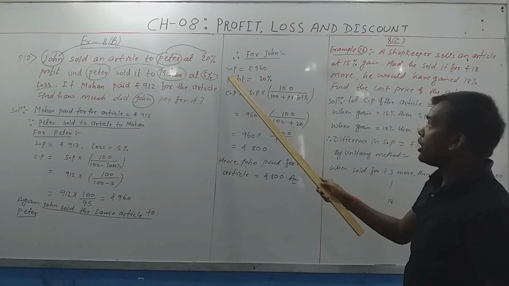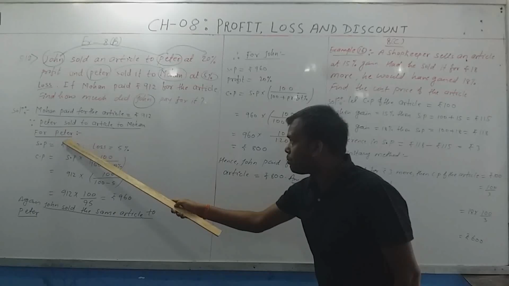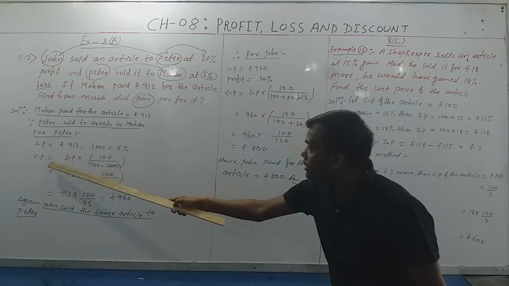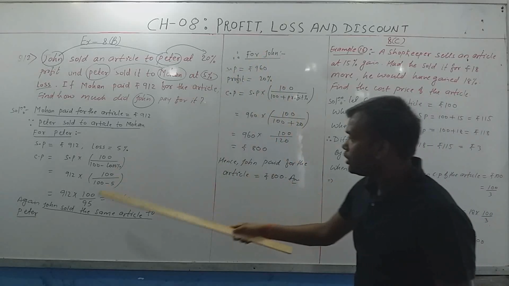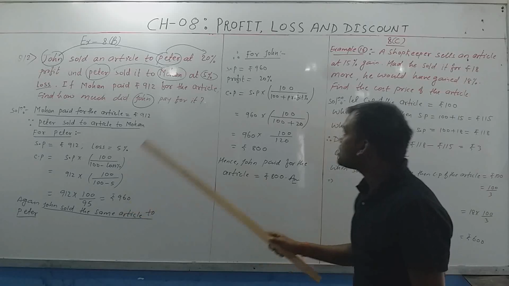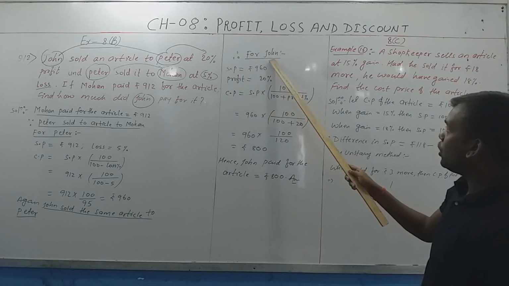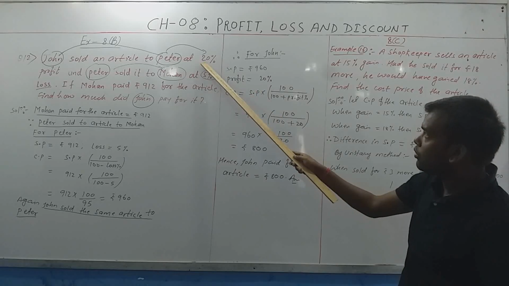For John, SP is equal to 960, which is Peter's CP, and the profit made is 20%.